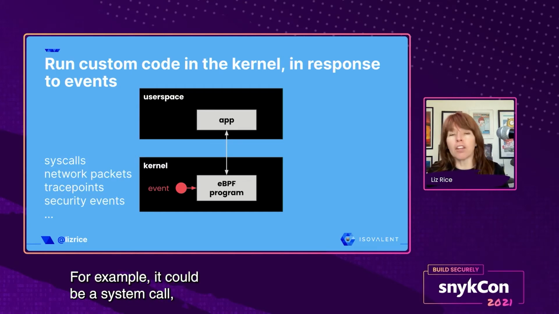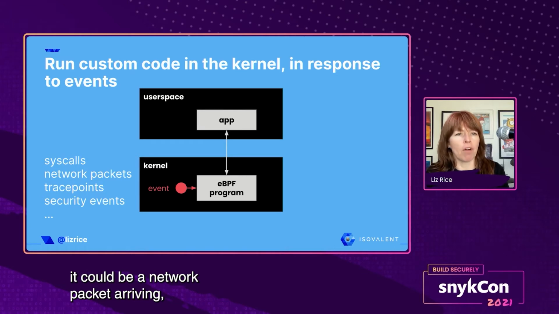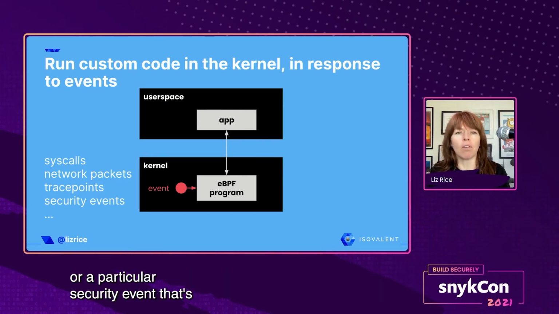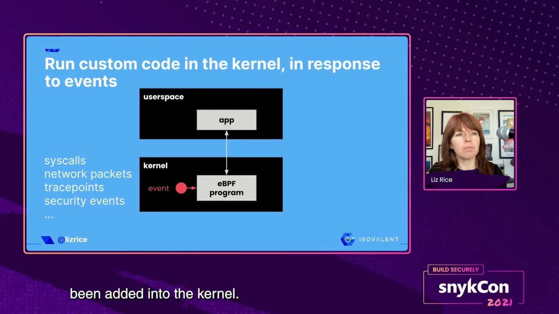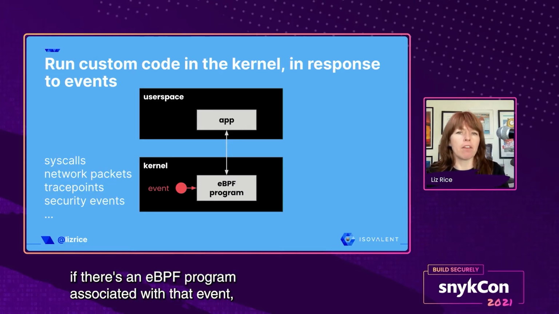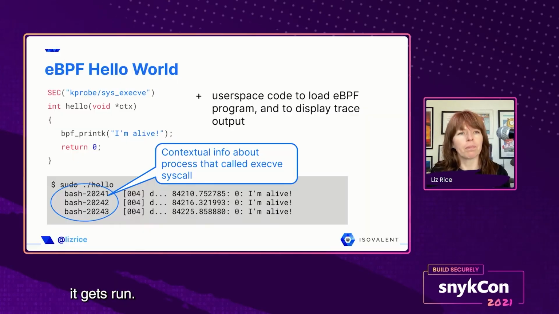For example, it could be a system call. It could be a network packet arriving. It could be that the kernel hits a particular trace point or a particular security event that's been added into the kernel. So when one of these events is hit, if there's an eBPF program associated with that event, it gets run.